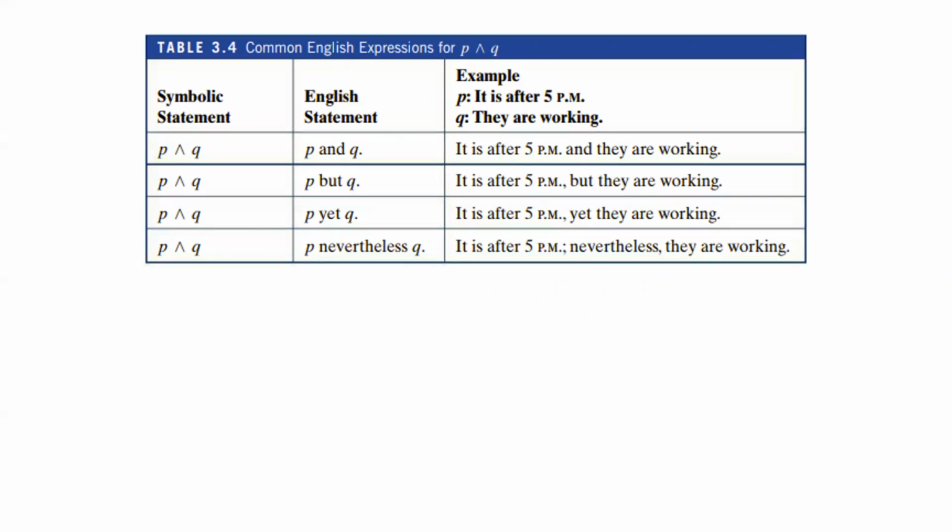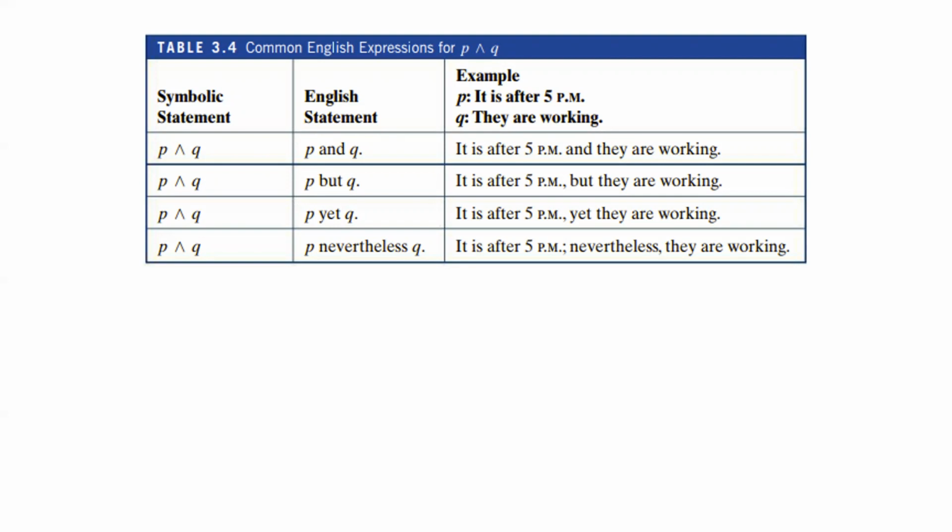So it is after 5 p.m. and they are working is logically equivalent to it is after 5 p.m. but they are working. Yes, in the English language that has a different connotation, but as far as combined statements, we're saying this thing is happening and this thing is happening. Maybe we don't like that second thing is happening, but that second thing is happening.